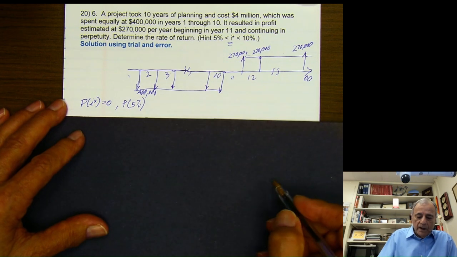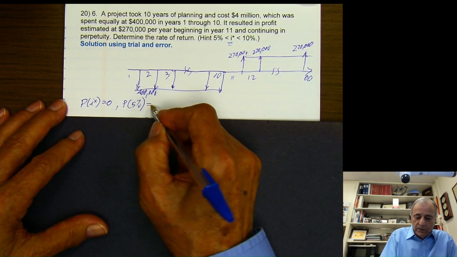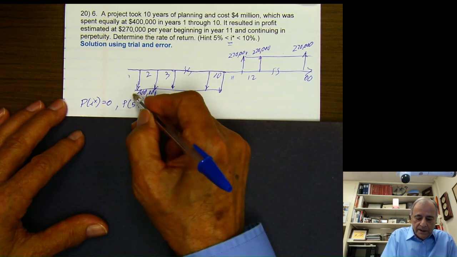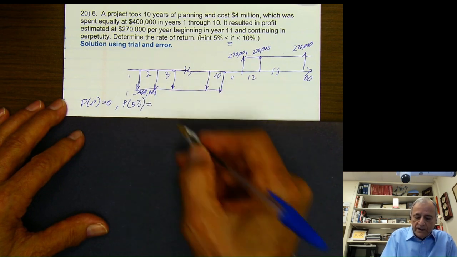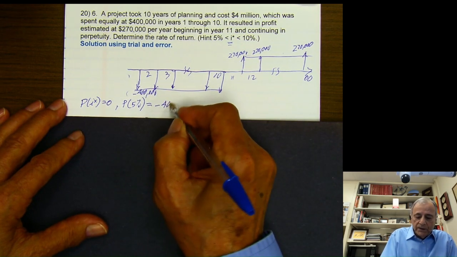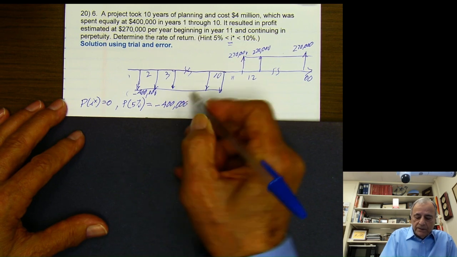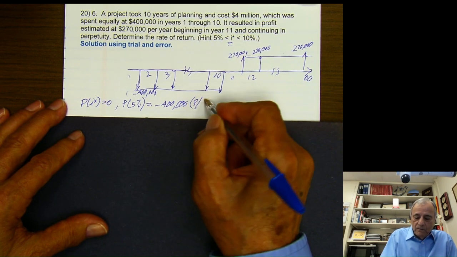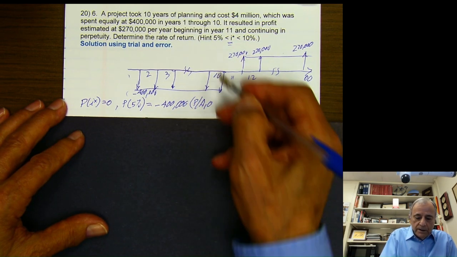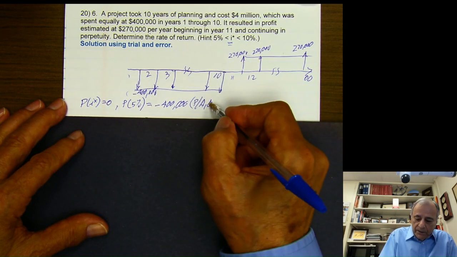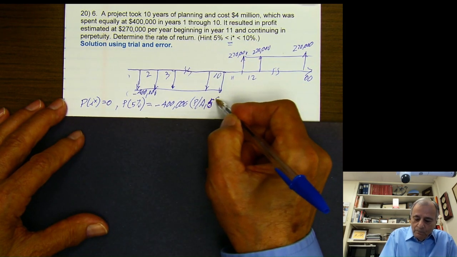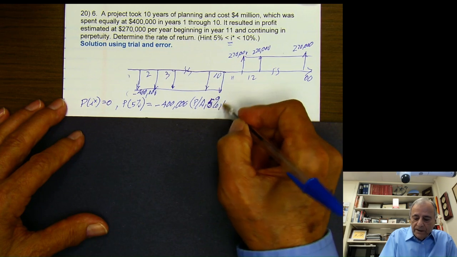Okay. At 5%, this would be equal to, well, this is a series of minus 400,000 for 10 years. So it's minus 400,000, that's P given A, 10, the rate is 5% per year for 10 years.